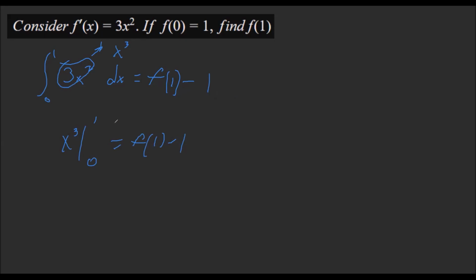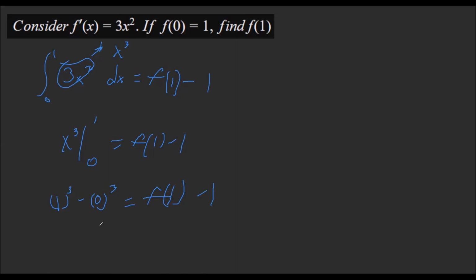And what we're essentially going to do here is employ the first fundamental theorem of calculus again. So x cubed at point 1 minus 0 cubed is equal to f of 1 minus 1.